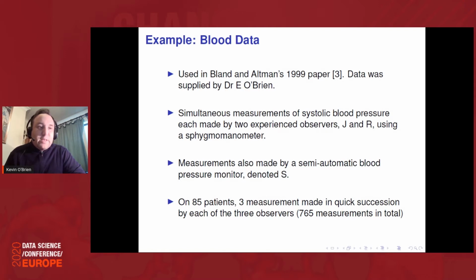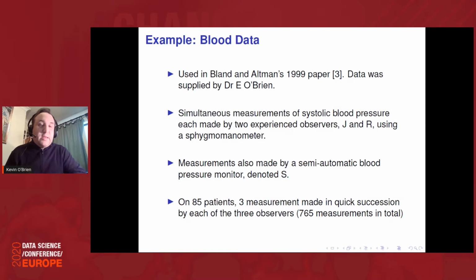There are 2 experienced observers, J and R, and also a semi-automatic blood pressure monitor denoted S. So in this setup, we have 3 devices, 3 measurement methods, J, R, and S. And on 85 patients, 3 measurements were made in quick succession.